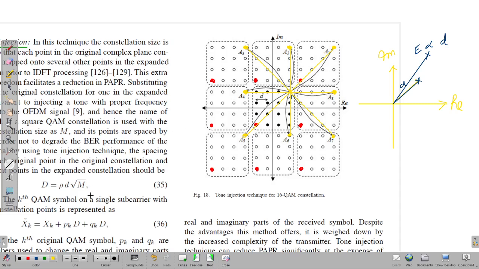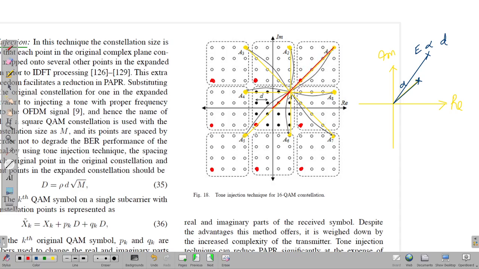What is actually happening is that the phase and energy of this symbol are now different. So from the origin, now this symbol has this phase.